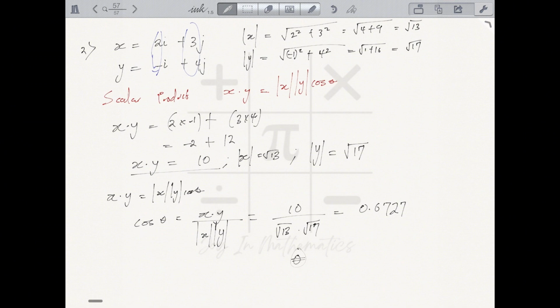Theta will be equal to inverse cos of 0.6727, and this results in 47.73 degrees. So now we have been able to evaluate the angle between the two vectors x and y as 47.73 degrees.